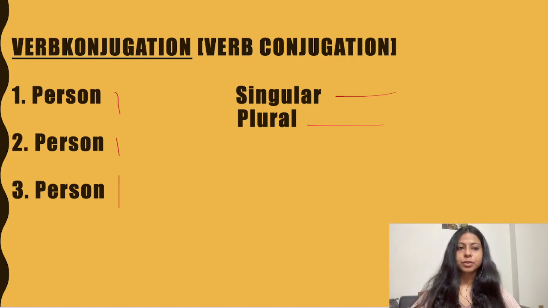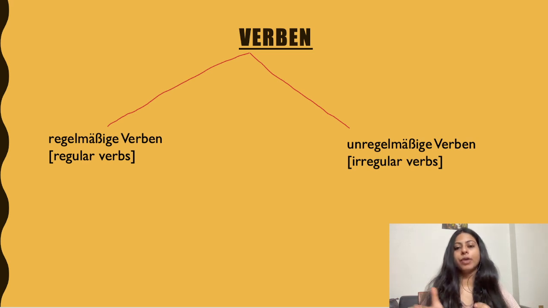Now let's come to our next objective, which is verbs, and we have two kinds of verbs. We will further learn that we have more forms of verbs, but in this video I'm just going to focus on two kinds of verbs, regular verbs and irregular verbs.